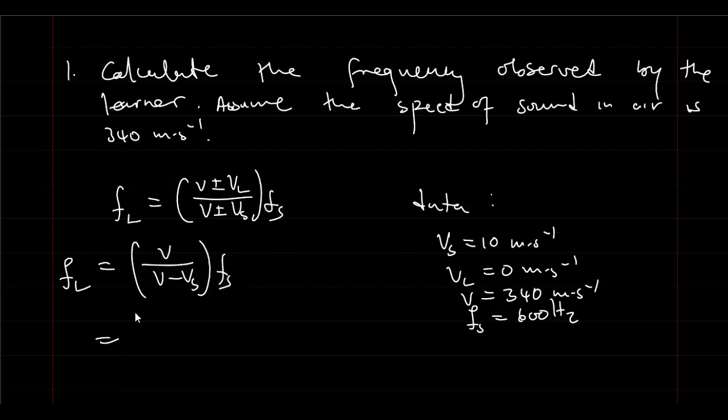So now what are we having here? We're going to have V is equal to 340 meters per second over 340 minus 10 meters per second multiplied by 600 hertz.